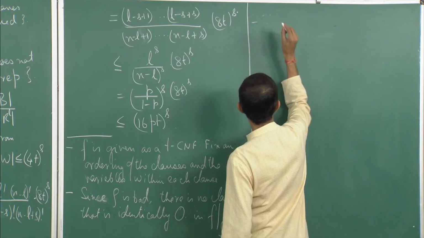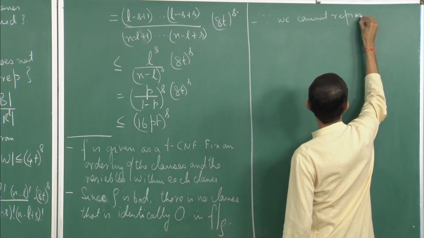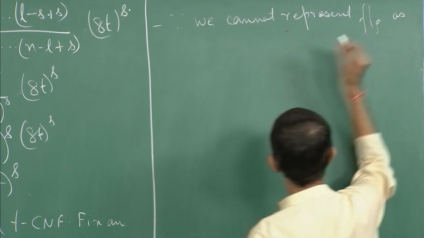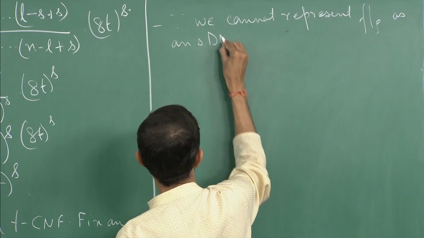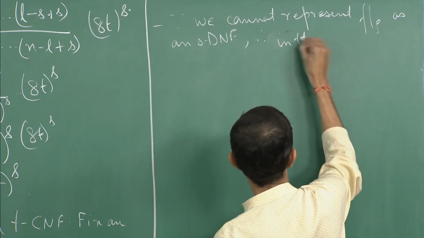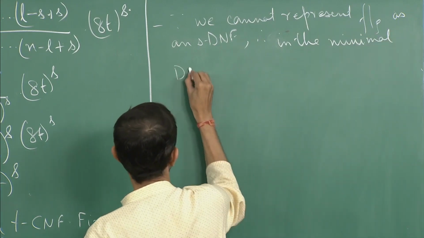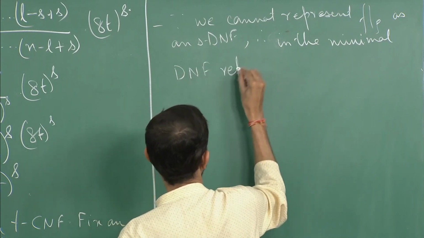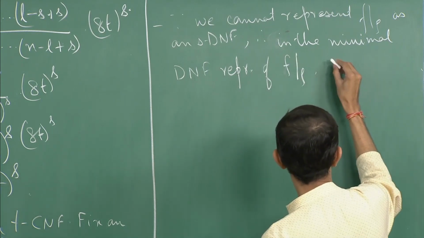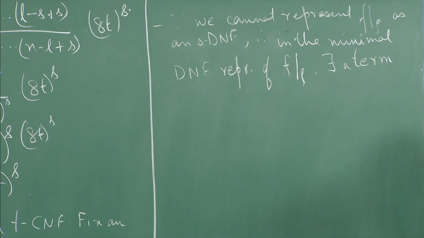Okay. Now, since we cannot represent f restricted to rho as an SDNF, therefore, in the minimal DNF representation of f restricted to rho, there exists a term whose size is how much?